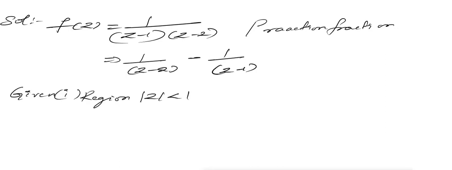Next step, after you separate it as two terms, see the region. The first region is given as mod z less than 1. So, the mandatory condition when you're solving a problem for the series to converge is that the mod z value should be less than 1, right? So it's already less than 1, so we don't have to do much manipulation here.